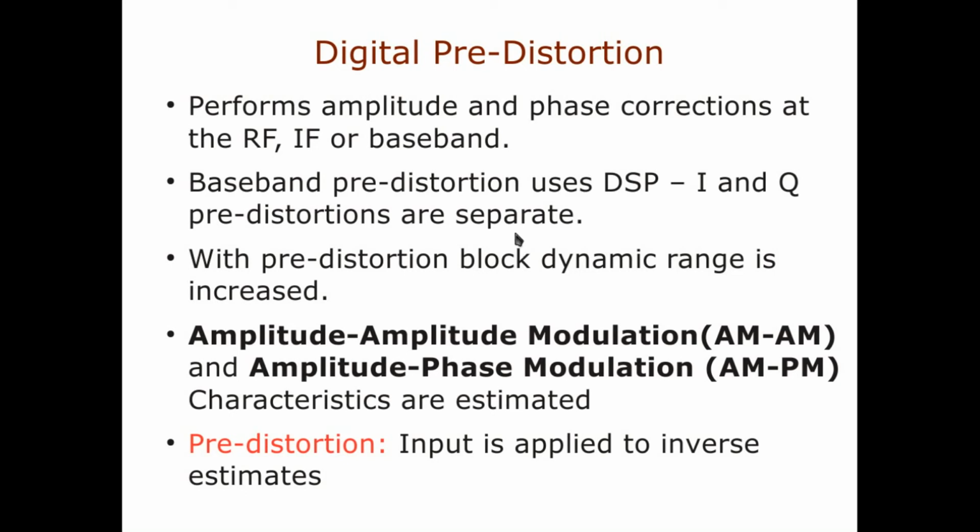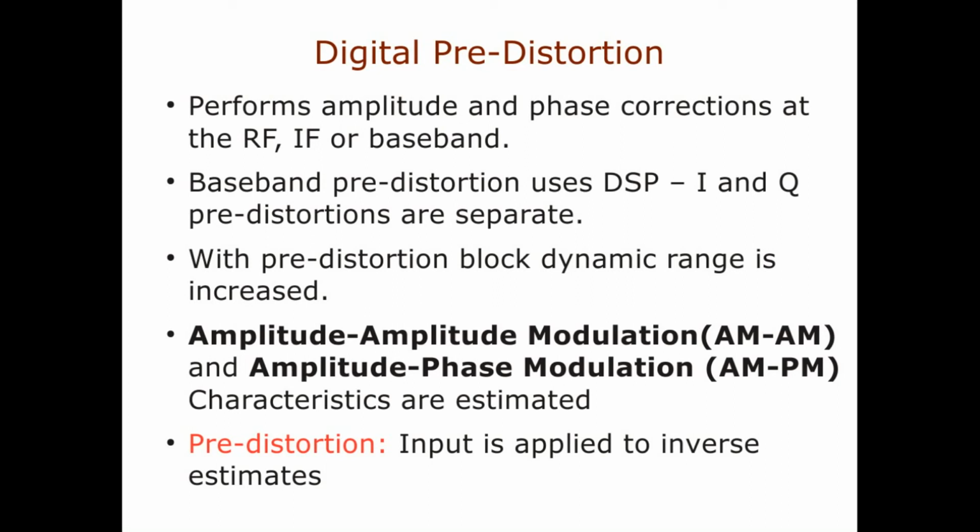So always we would like to have the crest factor reduction follow the pre-distortion block, because we know that as the dynamic range increases, the PAPR is going to come into effect, and hence over-modulation or higher order intermodulations are going to play a role.